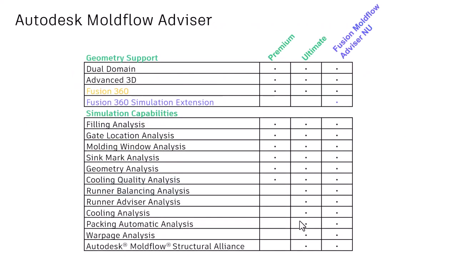So this is what I put into the slide. The named user Advisor, or we refer to it as Fusion Moldflow Advisor named user, comprises all of the ultimate capabilities, as you can see. With that, additionally, you also get access to the Fusion 360 simulation extension.